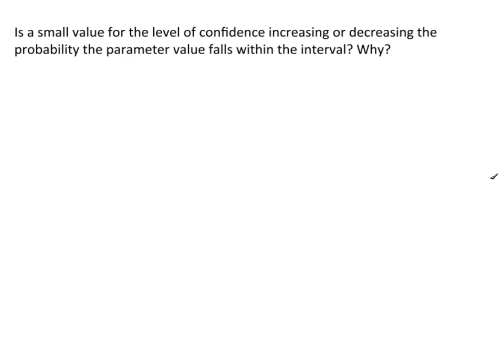So this last question here: is a small value of level of confidence increasing or decreasing the probability that the parameter value falls within the interval? In other words, if I have a 95% confidence interval as compared to an 80% confidence interval, am I increasing or decreasing the probability the parameter value falls in the interval?